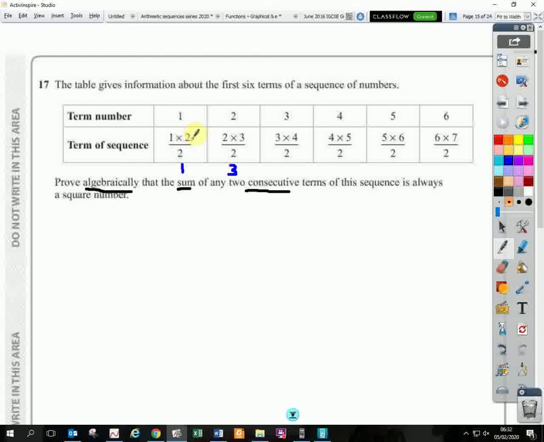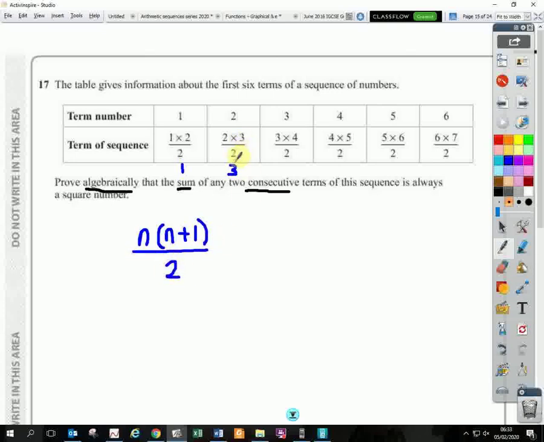So if you take a look at the fractions, let's have a look at the numerator. We have a number in the numerator, and the one we're multiplying it by is one more than the previous number. So if we call the first number n, we're multiplying it by one more than n, n plus 1, and then we're dividing it by 2.